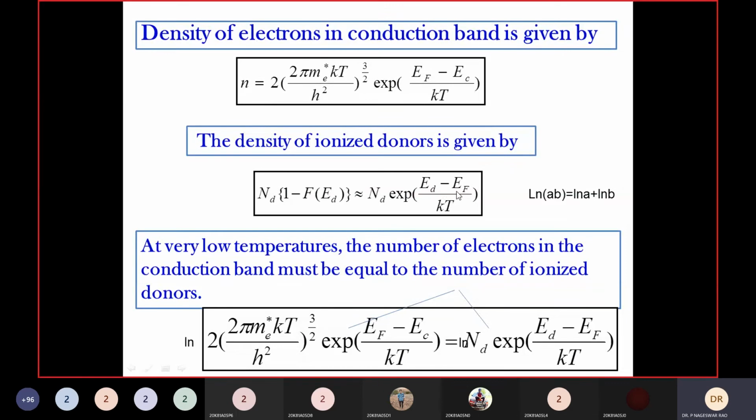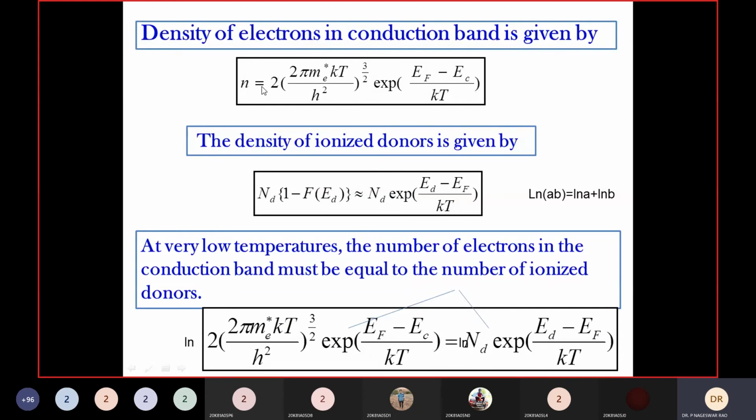So this equation we have to equate with the equation for intrinsic semiconductors. What is the density of charge carriers there? Ni equals this one, and this is equal to this one.